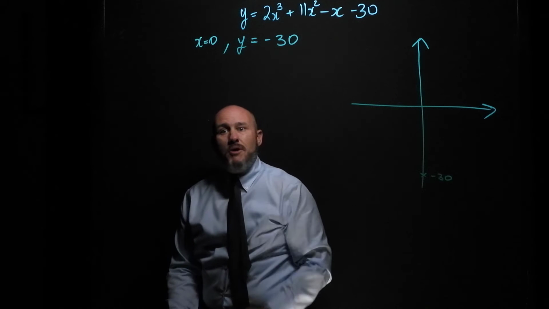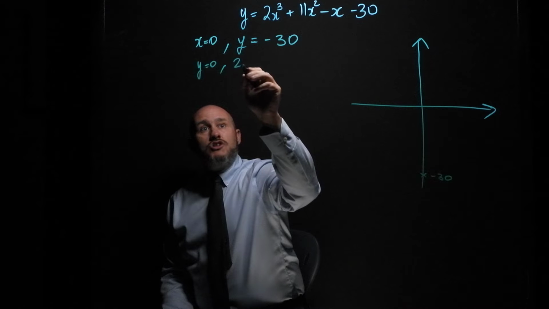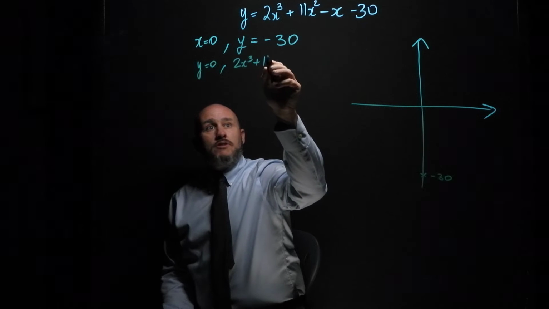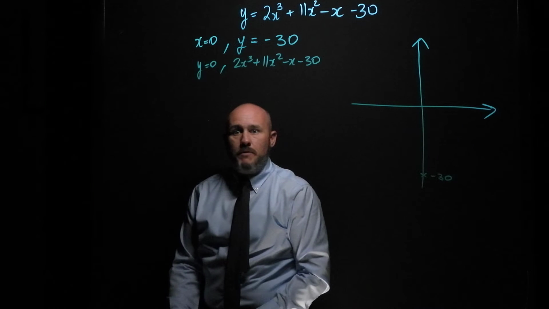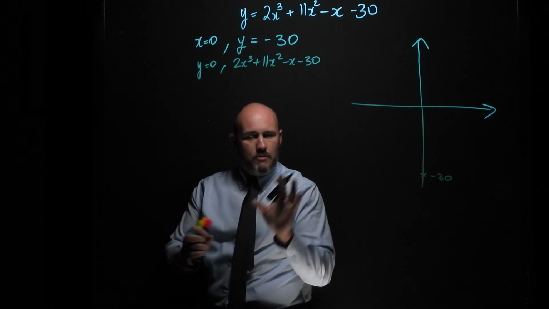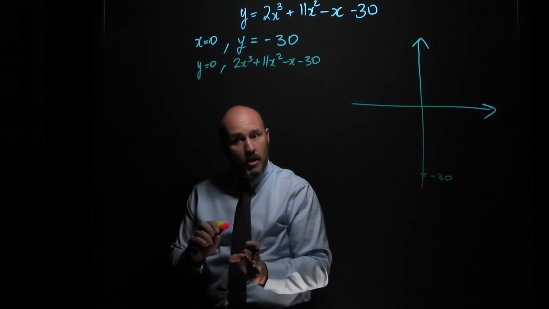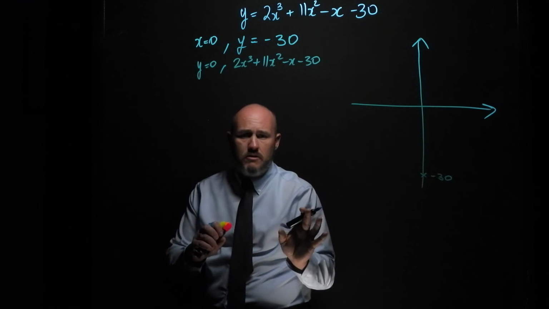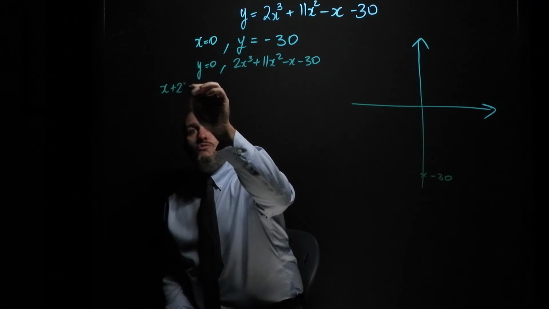Now what I'm going to do is find my x-intercepts, which occur when y equals 0. And then I get 2x cubed plus 11x squared minus x minus 30 equals 0. Now, I'm just going to go through this pretty quickly because we don't have repeat processes here, but imagine in previous lessons you've looked at polynomial division and factorization for cubics. So imagine here that I told you, well, x plus 2 is a root.